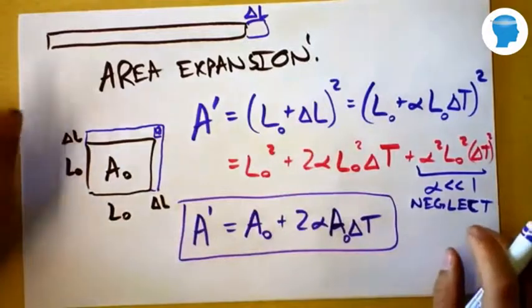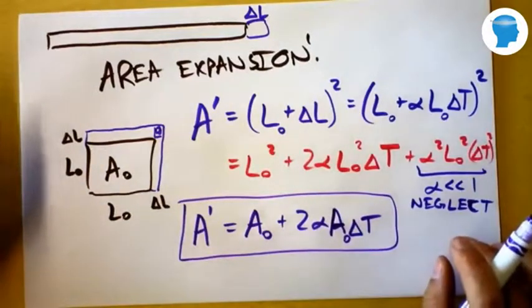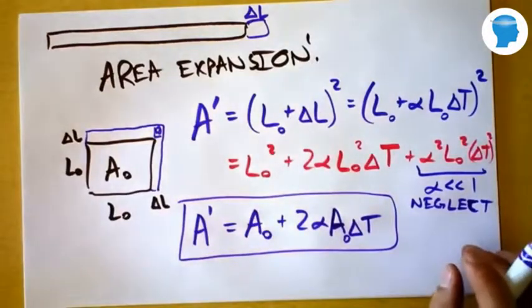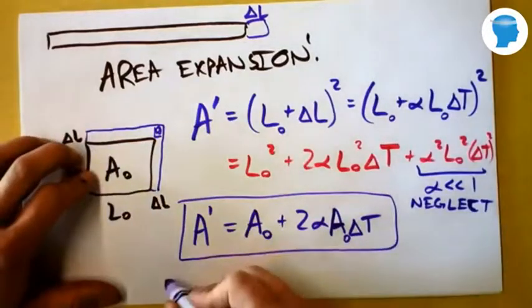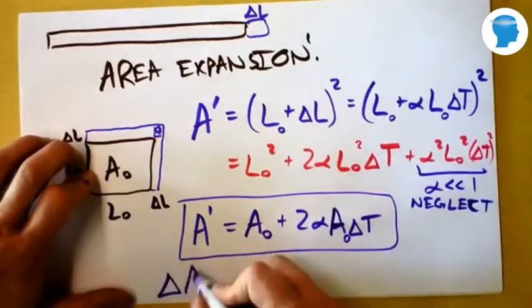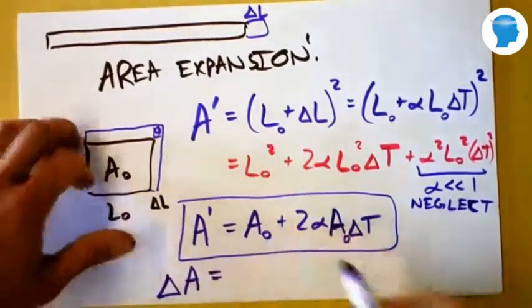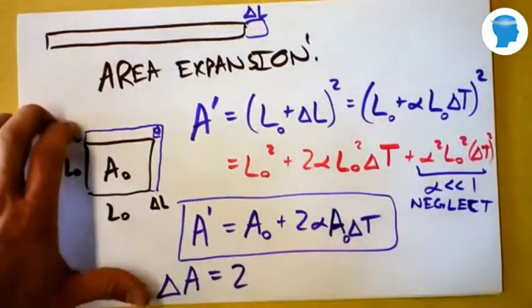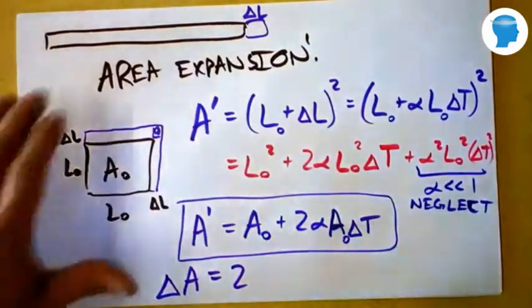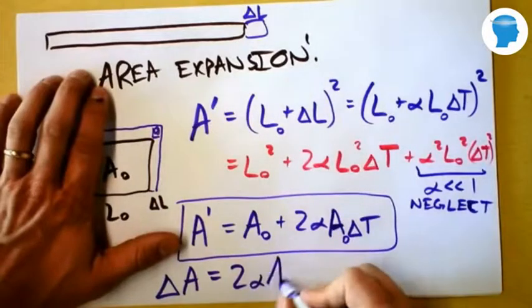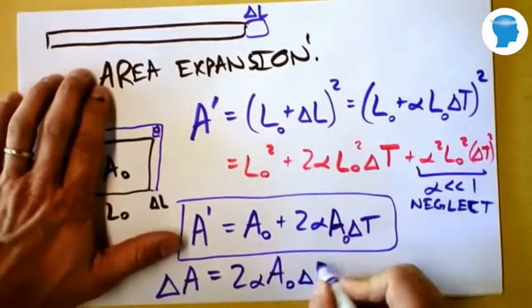But of course you knew we weren't just talking about area. You knew that we were interested in investigating volume. But let's see, if I were to simplify this, I'd say change in area, that's area prime minus area naught, is 2 alpha area naught times delta T.